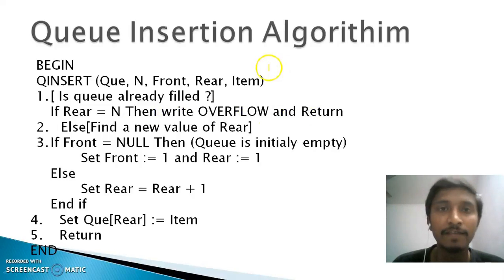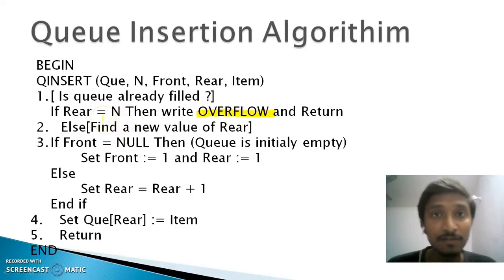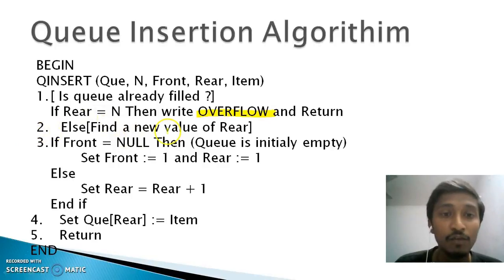If I take an example, if the size of the queue is 5 and the rear is also 5, it means the end of the queue is 5, equal to the size of the queue. So no element can enter the queue. This is the condition of overflow. Else, if there is capacity in the queue, find a new value of rear.